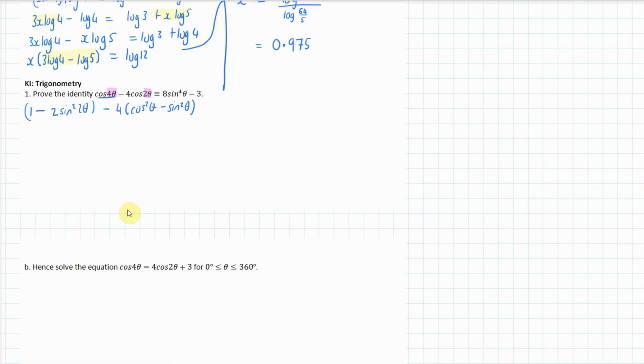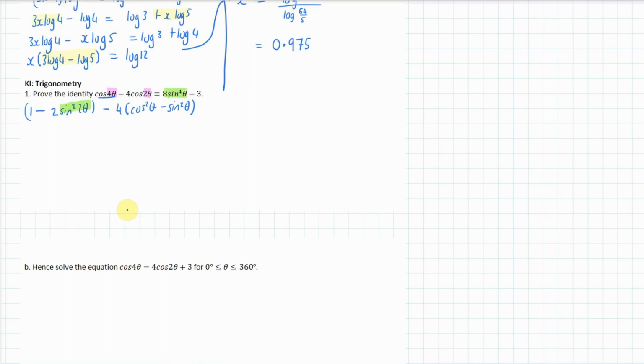Okay, what I'm trying to do is get to a state where I've got the sine to the power of 4 theta, and I'm thinking that's going to come out of this one here when we change that, because we can use the double angle rule to change that. So that's probably going to be my first move.